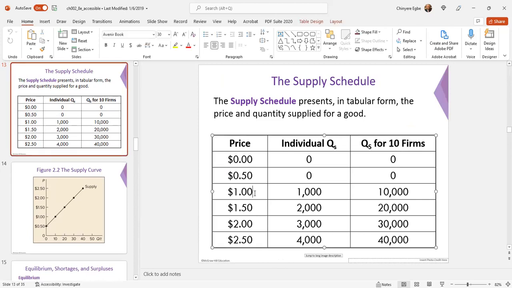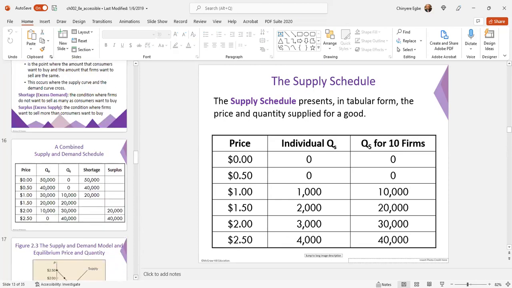Okay, what quantity is supplied when the price is 1? 1,000 for the individual and 10,000 for all the companies put together. When the price is 2.5, what is the quantity supplied? 4,000 for the individual and 40,000 for the market. Now, in any problem, I'm going to give you only one column, the price and only one column.